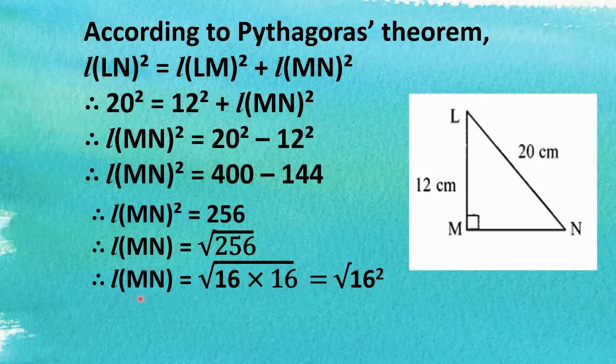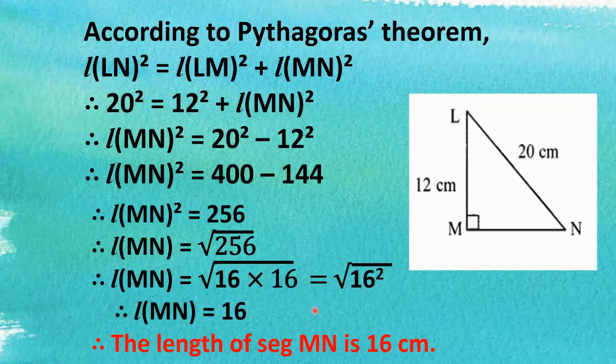So length of MN is equal to square root of 16 multiplied by 16, that is equal to square root of 16 square. So here we can easily cancel square and square root. So length of MN is equal to 16. Therefore, the length of segment MN is 16 centimeter.